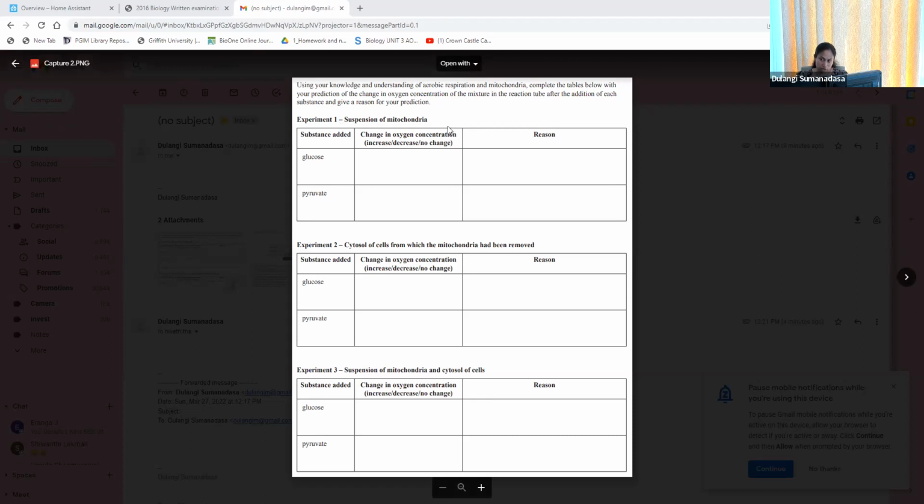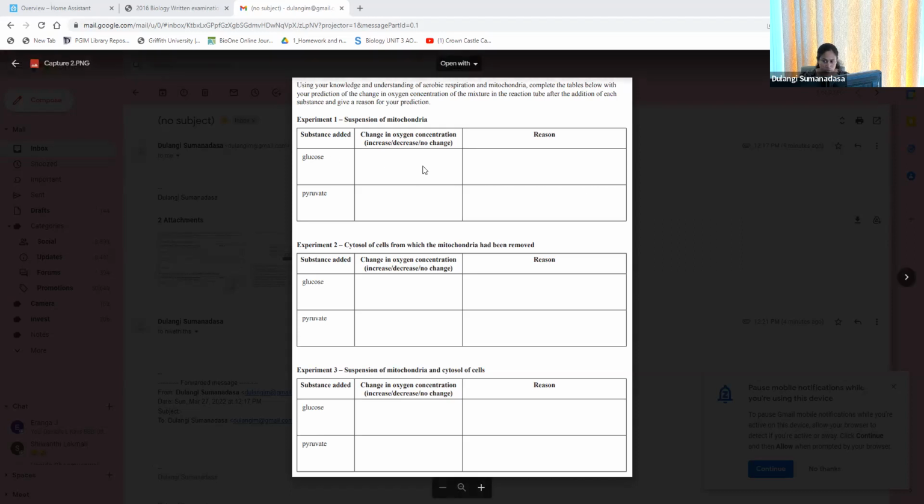So a suspension of mitochondria is available. So we can undergo Krebs cycle and electron transport chain, but glucose is not the substrate for the Krebs cycle, right? For the Krebs cycle, we need the pyruvate, not the glucose, right?